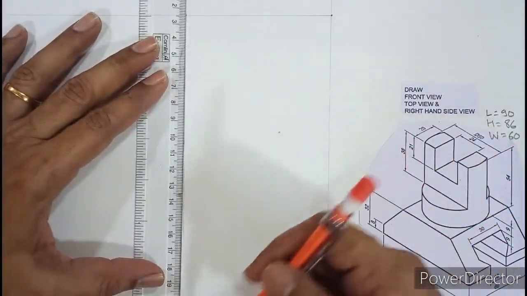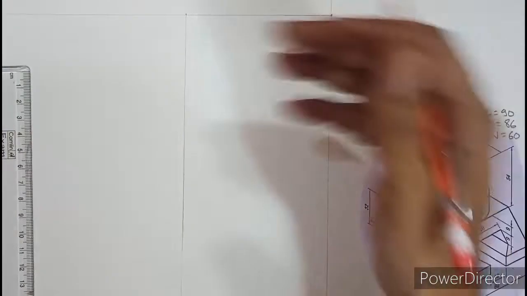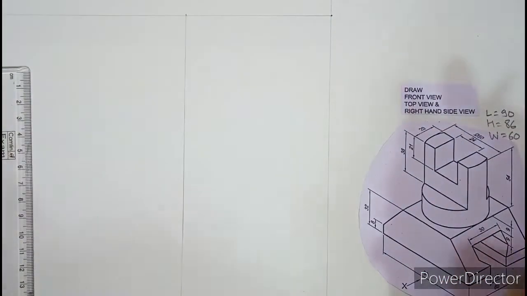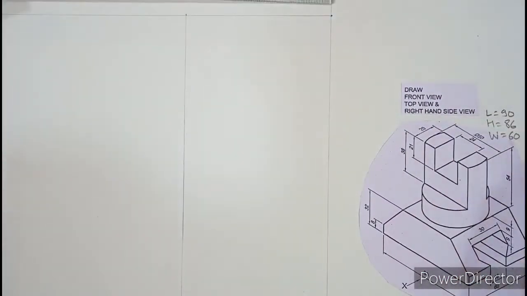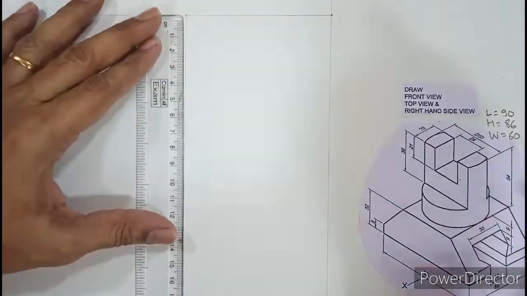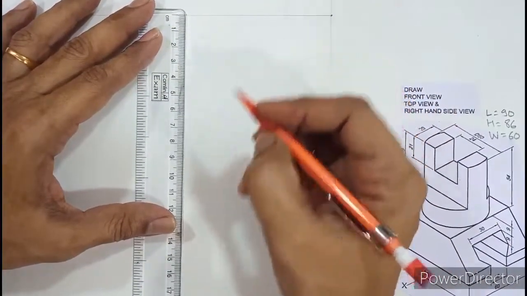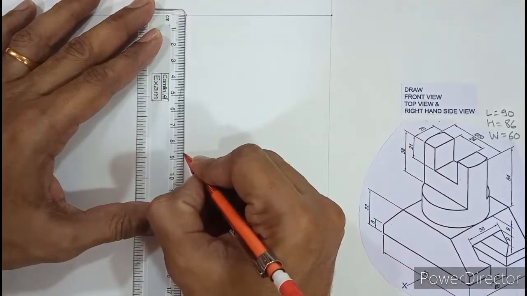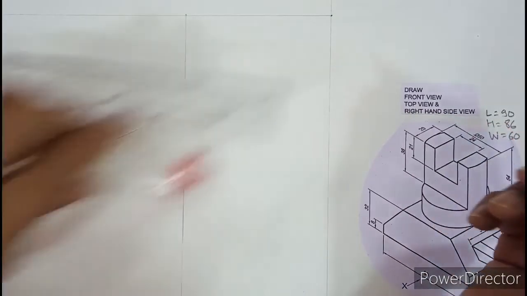I'll just extend this further. So all of you should remember that the box should be drawn as light as possible because that is not the actual object. So we are just reserving spaces for various views. So length is 90 and now I need to mark height as 86. So from here I will mark height as 86. Okay, then I will roll and draw.